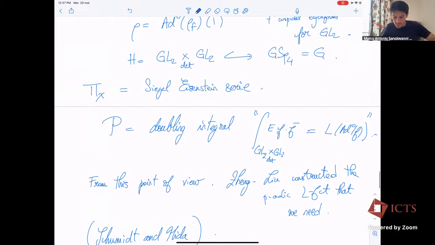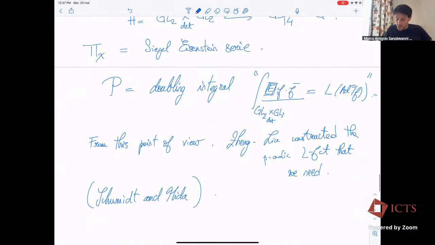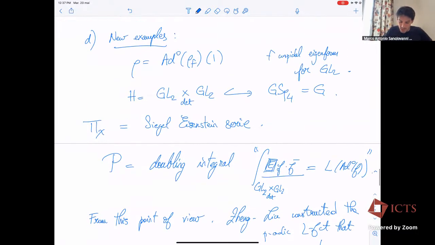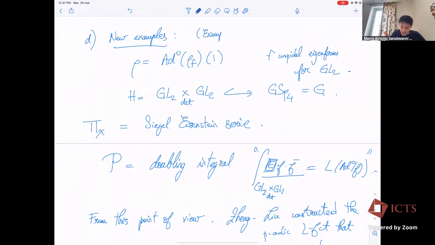Because of this method, we really want a formula where the Siegel-Eisenstein series appears in the period integral, and not something else. So this is also an important part of the method in the diagram that I drew before. Okay, so this will be the example of the next lecture, where I will treat in detail how you upgrade this Siegel-Eisenstein series to something more arithmetic.